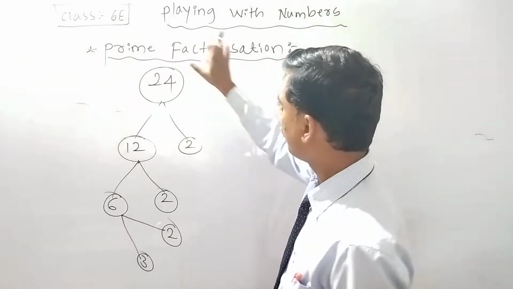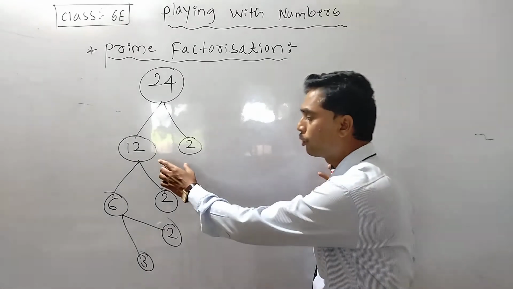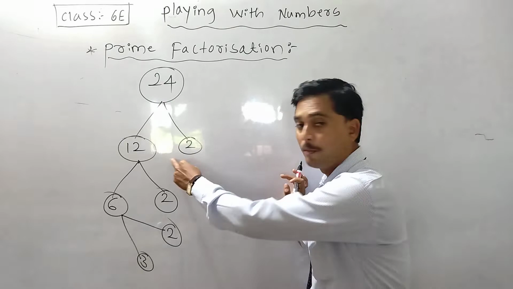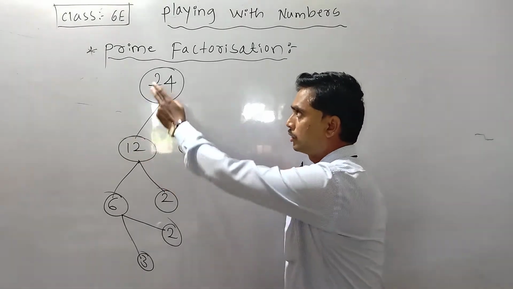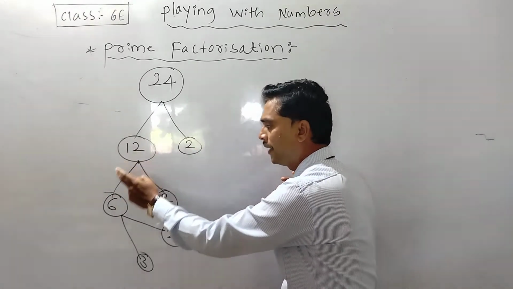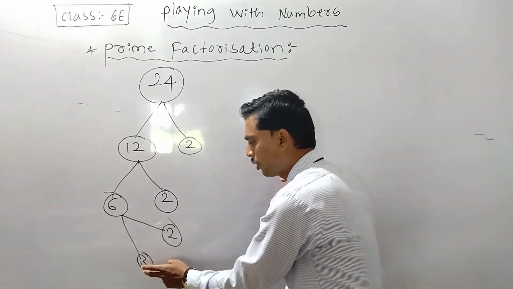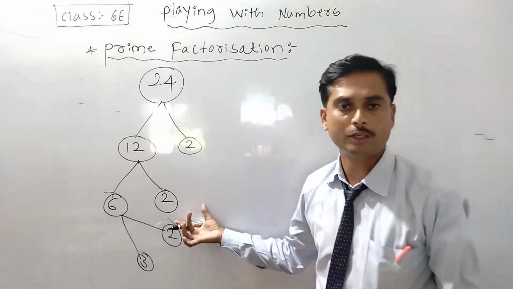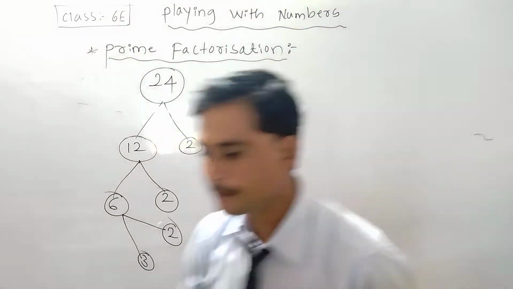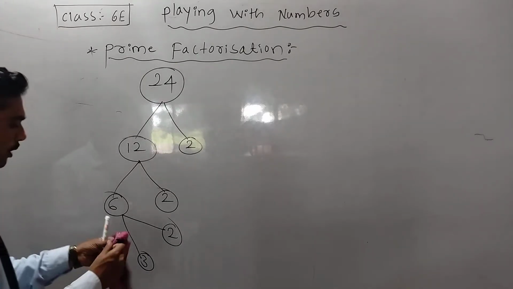Now prime factorization means how to solve the problem. Here we have to find the product of numbers. 24 is the product of 12 and 2, and 12 is the product of 6 and 2, and 6 is the product of 3 and 2. This is called factor tree. Then prime factorization means which type of problems are there. Okay, now I am going to solve one problem.